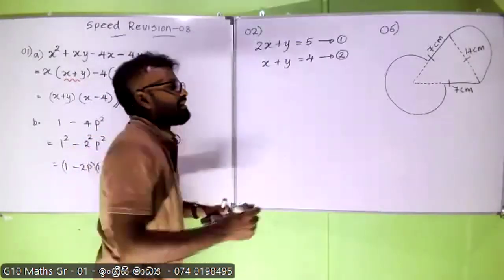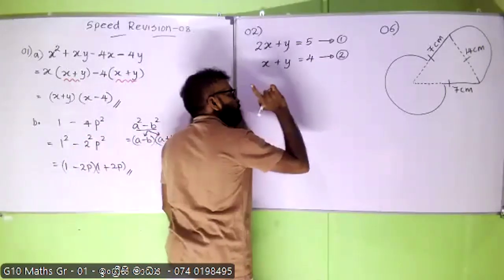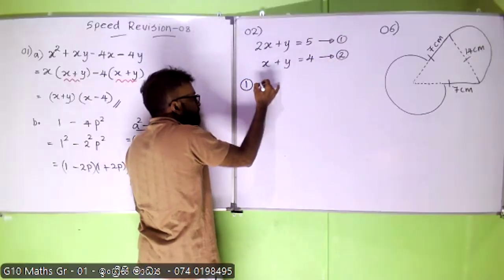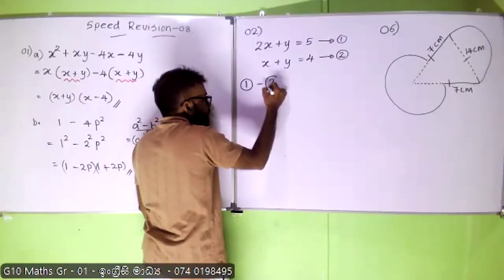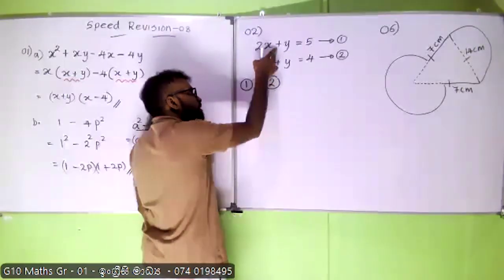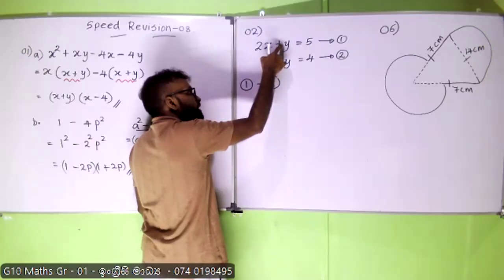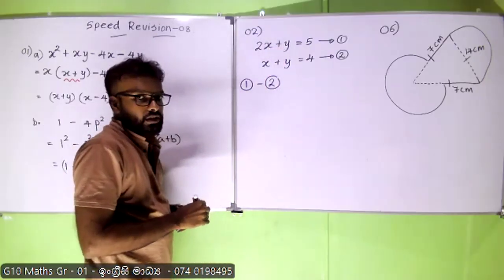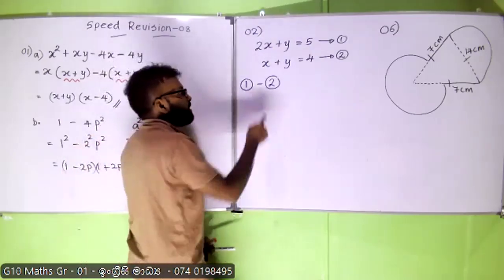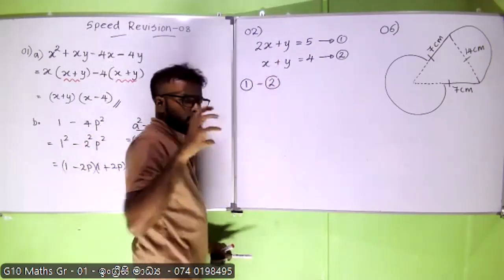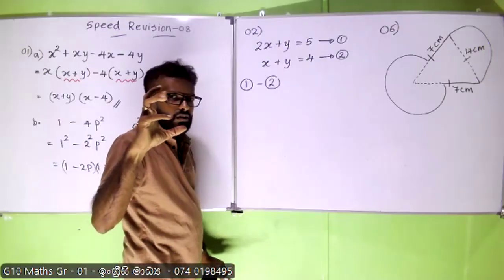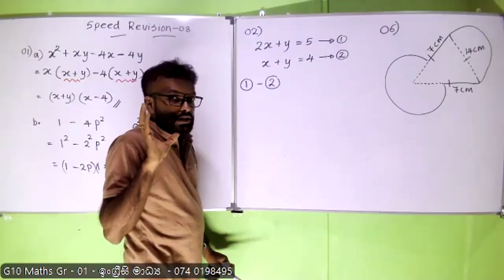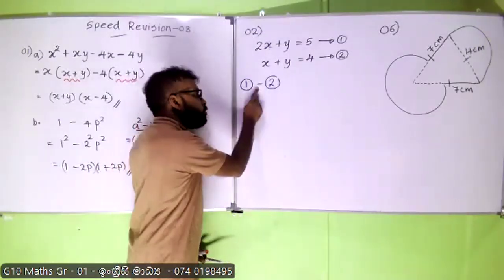So what I am going to do is I am going to subtract equation 2 from equation 1, because I have a positive sign and a positive sign on my coefficient of the y term, and the coefficients are equal. Same sign, same coefficient, same term, so I subtract.